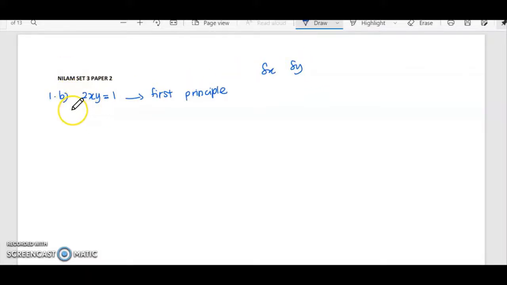Okay, so untuk x kat sini kita kena tambah dengan dia punya approximation, perubahan untuk nilai x, and also y plus delta y equal to 1. So syarat dia mesti macam tu. Kalau x kita tambah dengan delta x, any variables of y kita akan tambah dengan variables of delta y sebenarnya.